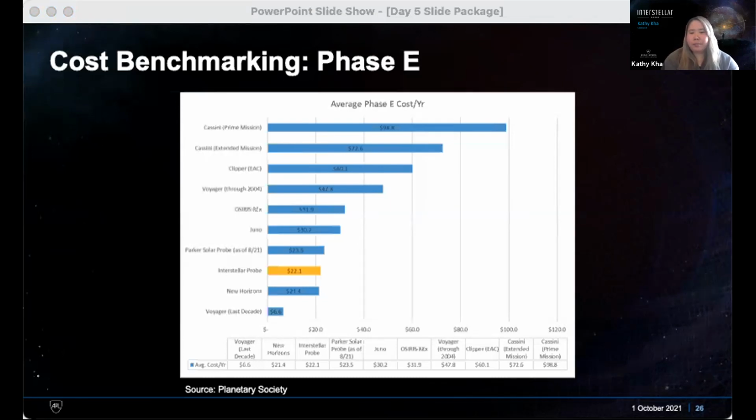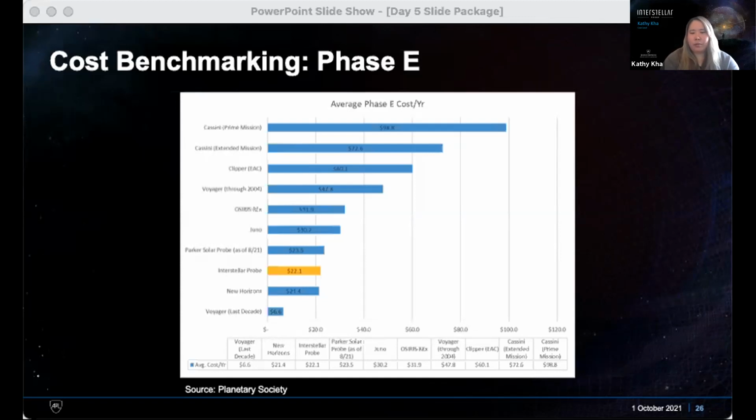And separate from the phase A to D cost benchmarking, this was actually pulled from the Planetary Society cost database, which is public information. So that's why you have all the mission names here. But if you compare Interstellar Probe to Cassini, what's planned for Clipper, the early years of Voyager, we are much less than what those are going to cost or did cost.